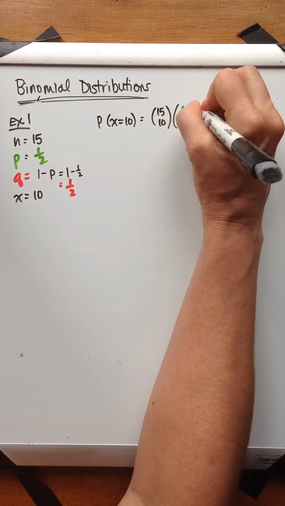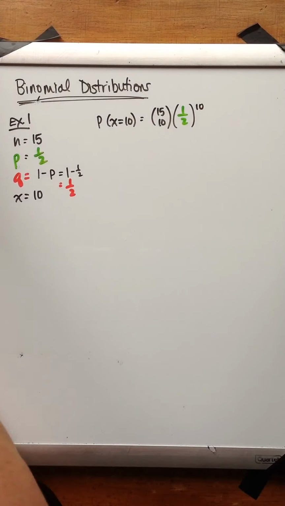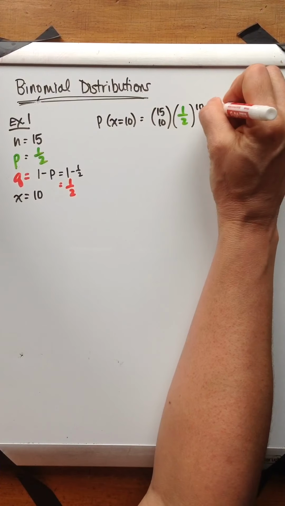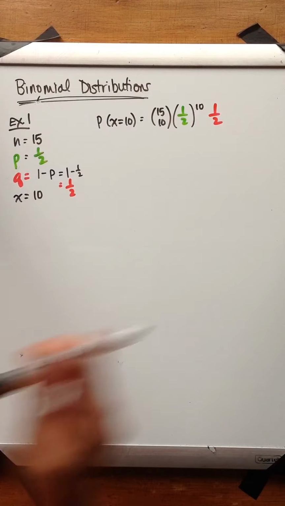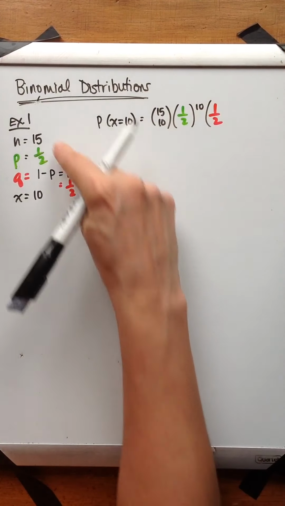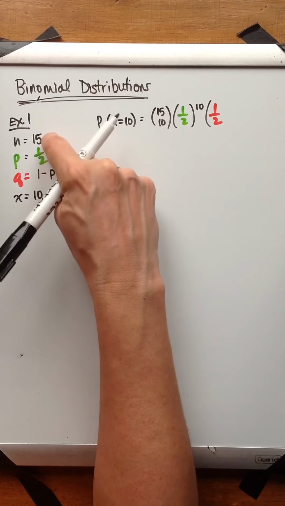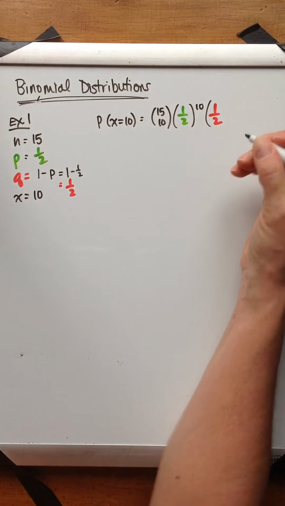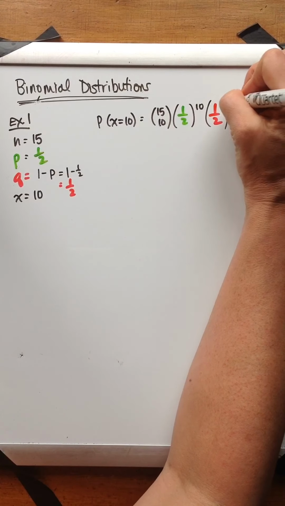X is 10. So 1/2 to the 10th. And our probability of failure, which is 1/2, raised to the number of overall trials that we had minus the successes, right? So the remainder that weren't successful from these trials had to be failures. And so we can put this as 15 minus 10.